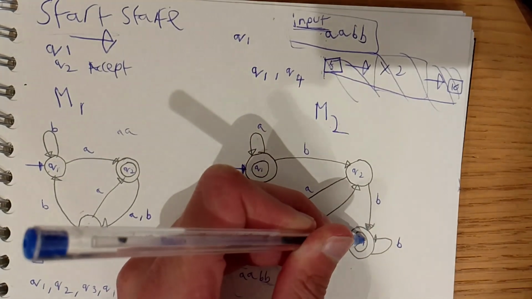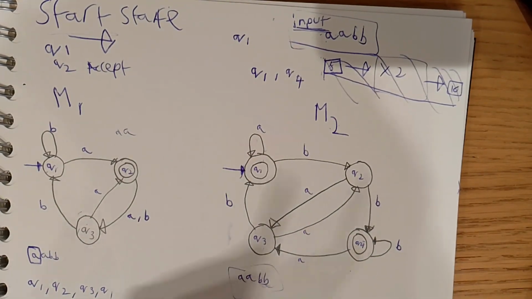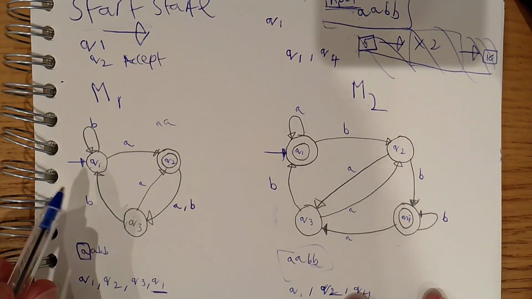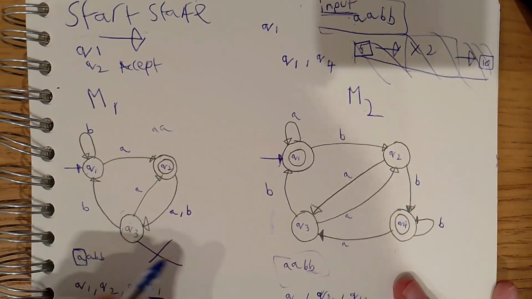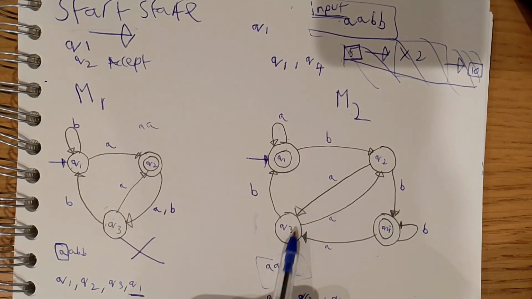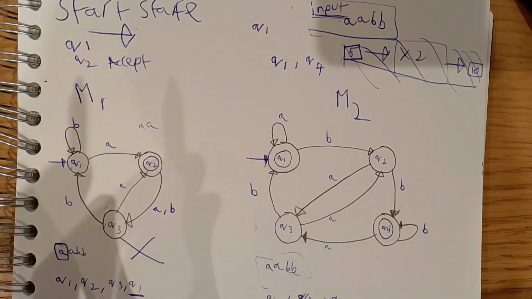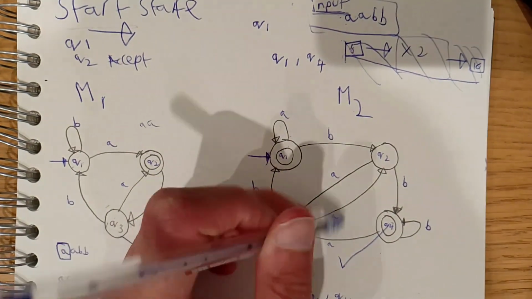Because the accepting state will accept the input or the string. And here we ended up in Q1, and Q1 is not the target circle. So that is a no. In M2, we end up in Q4. Q4 is the target. So that's a yes. We can accept this string on M2.